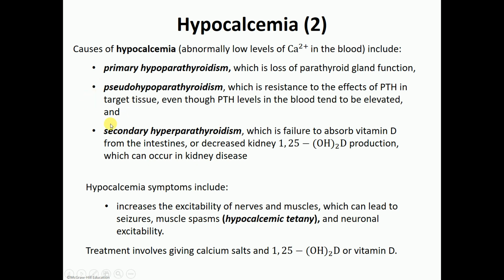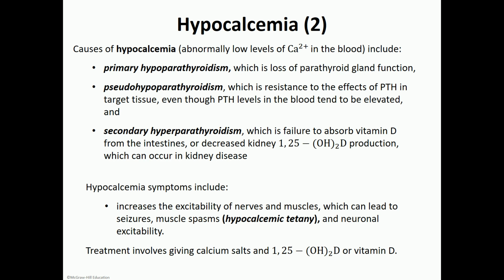Now, a third cause of hypocalcemia is secondary hyperparathyroidism. And this is secondary to another disease. For example, kidney failure. In patients that have chronic renal failure, we have lost that second step of activation of vitamin D. So now we cannot activate vitamin D. We cannot absorb calcium from the intestines. So we have hypocalcemia. That is going to stimulate the parathyroids to make PTH hormone.